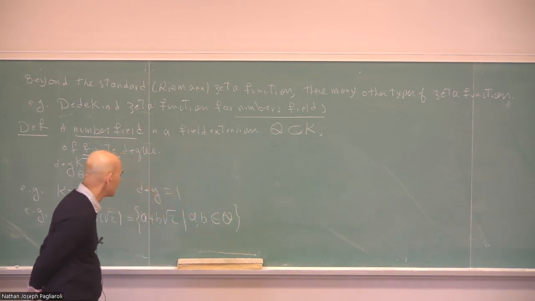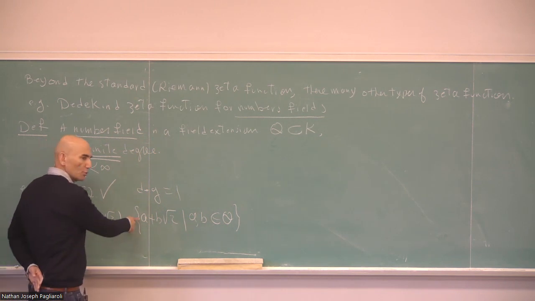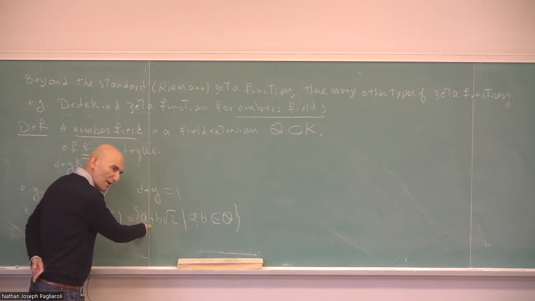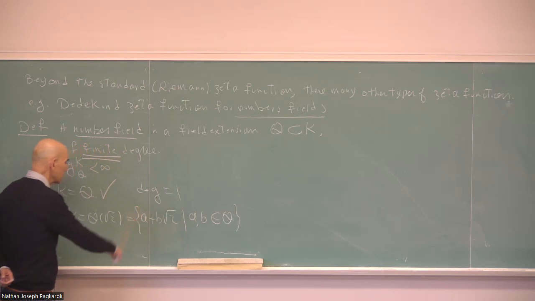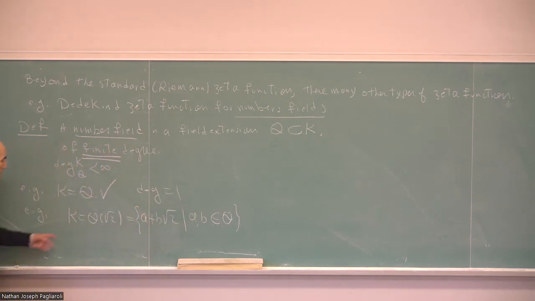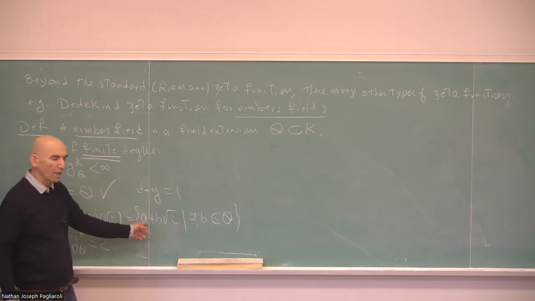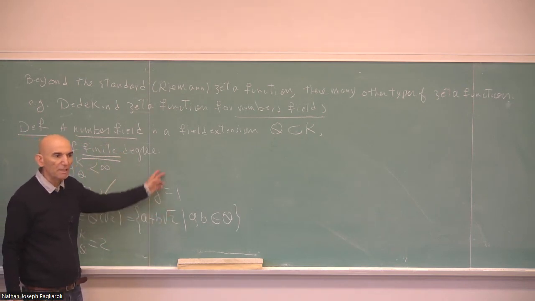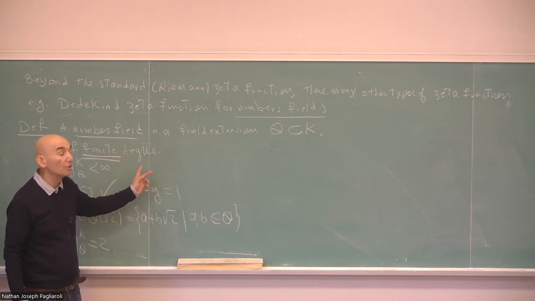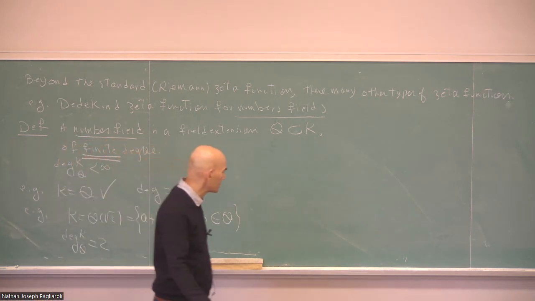You check that this is a field, with a little bit of clearing the denominator and some tricks, but that's okay. And what is the degree of this over Q? Of course, it's 2. It has a basis of 1 and root 2. The degree is really the dimension of K as a vector space over Q. So the dimension is 2 in this case.